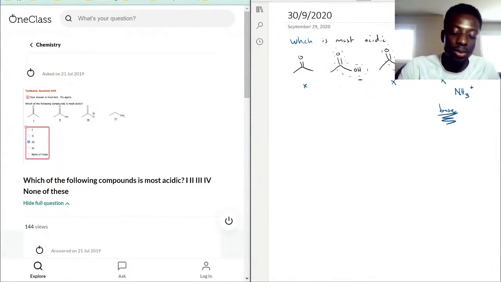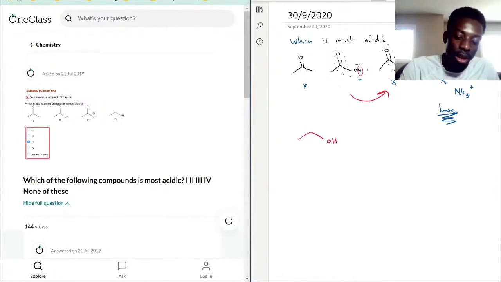Now this oxygen, funny enough, they actually gave you the answer next to it, because this is the form it would take. It would give away this hydrogen here and just be an O minus. You're probably wondering, why would the oxygen give the hydrogen? And in this scenario, let's say we had this as one of them, why would this one work? Because this is actually an alcohol.